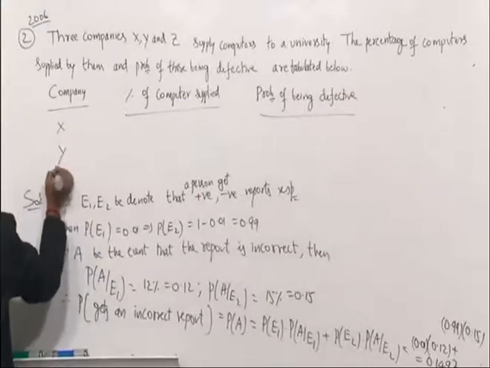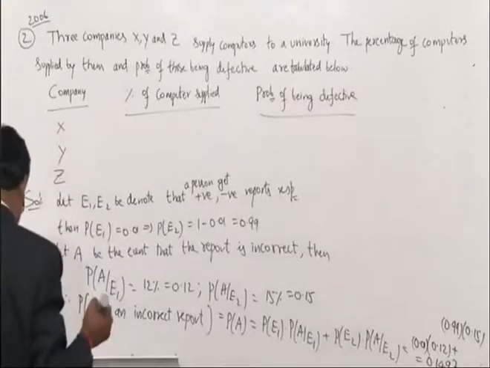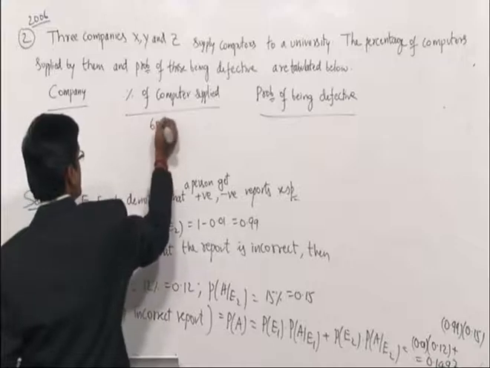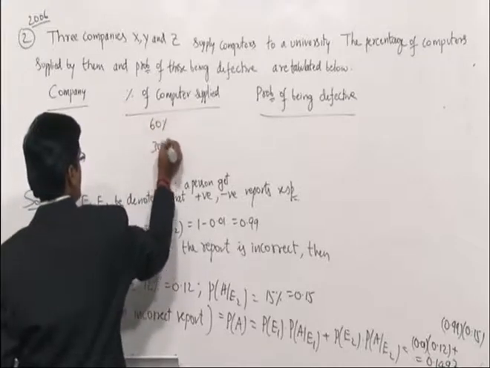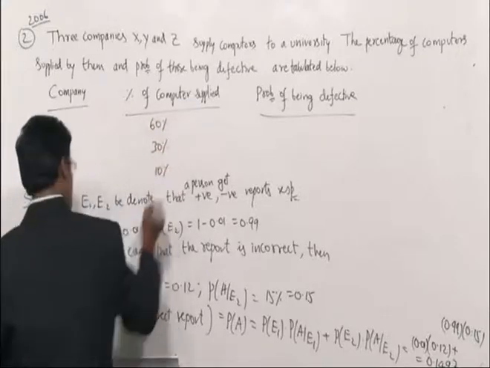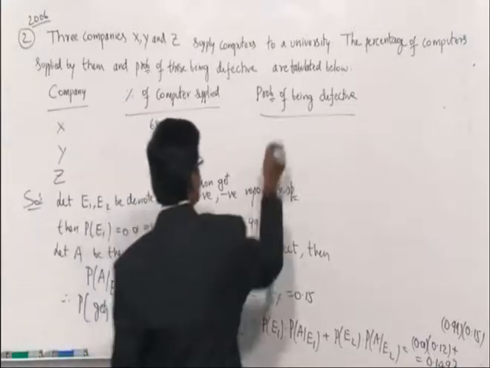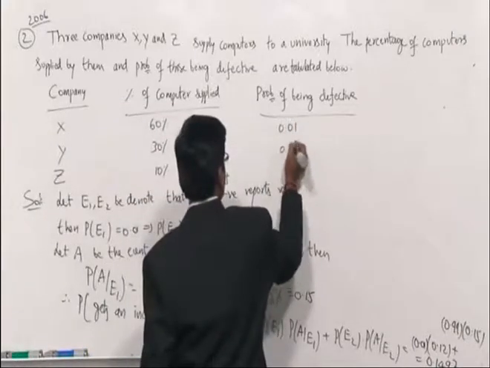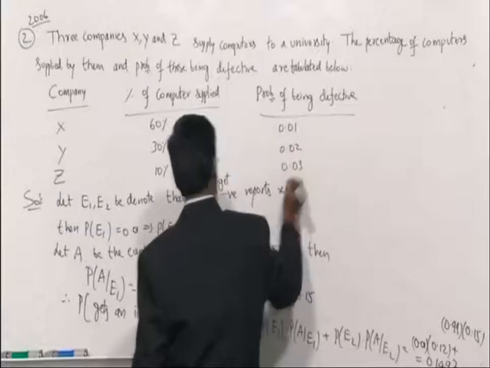X, Y, Z, 3 companies. 60%, 30%, 10%. 0.01, 0.02, 0.03.